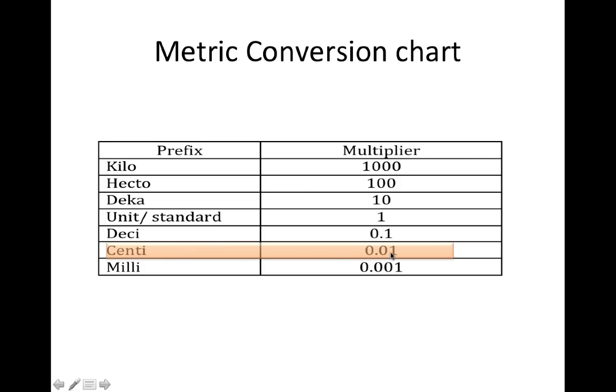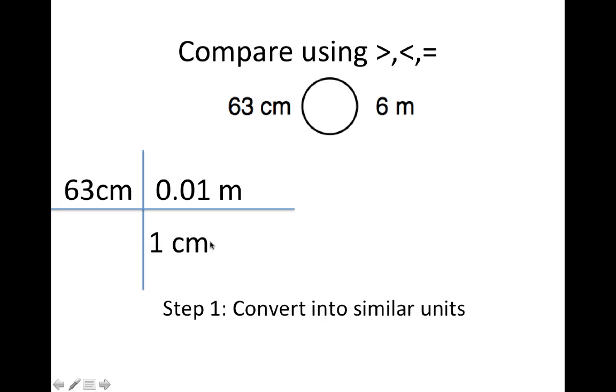We know that there is 0.01 meters per centimeter, 1/100 of a meter per centimeter. So in 1 centimeter, we have 1/100 of a meter.